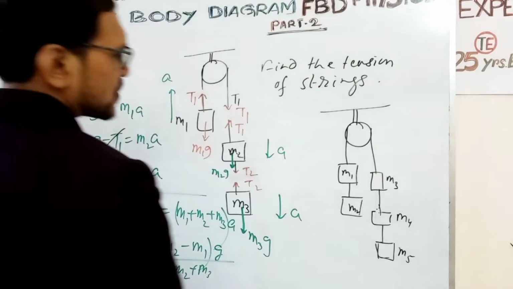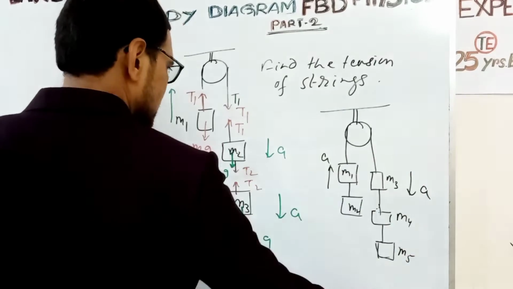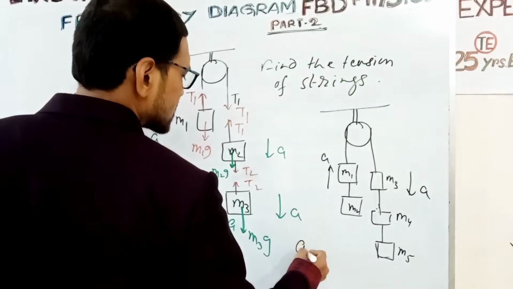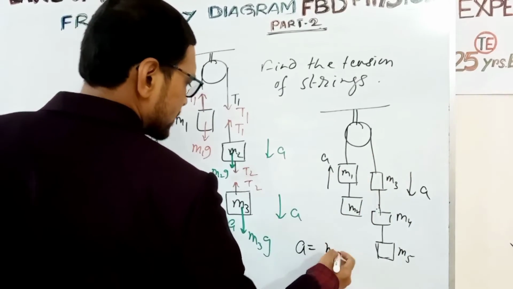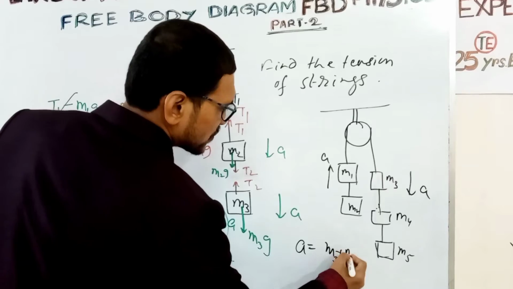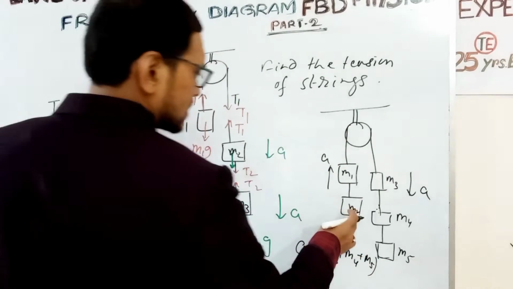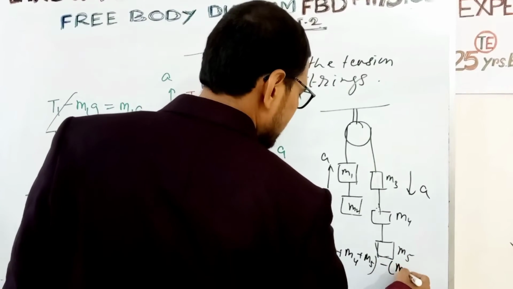So what is the acceleration of the whole system if the block moves in this way? This is downward and this is upward. Now what is the acceleration of the whole system? A equal to this plus this plus this, M3 plus M4 plus M5, will be added, and M1 and M2 will be subtracted.